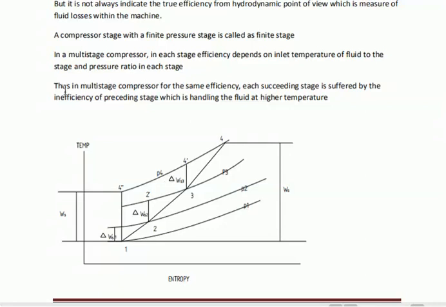Thus, in a multi-stage compressor, for the same efficiency, each succeeding stage suffers from the inefficiency of the preceding stage, which is handling the fluid at higher temperatures. Suppose stage 1, stage 2 and stage 3 have the same efficiency.